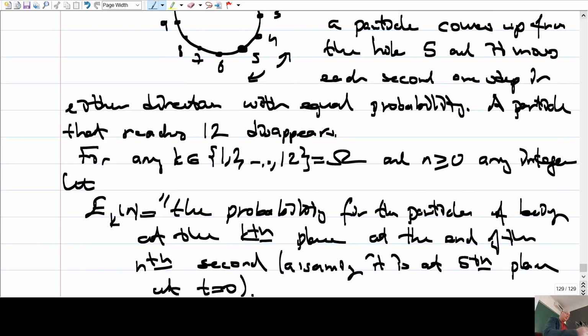Okay, at t equals 0, it is here, and then it starts moving. Okay, it is this probability.